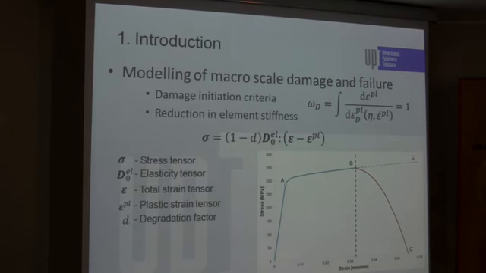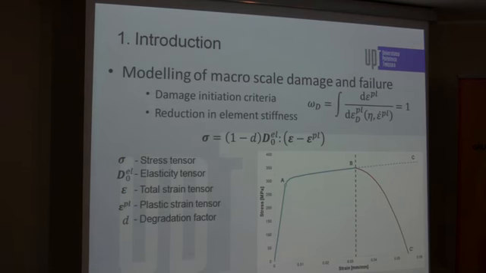So the modeling of macro-scale damage in finite element analysis accounts for the damage initiation criteria, which happens when this factor reaches 1. In this case, it's for the ductile damage. For the shear, it's the same thing, the differential of the critical plastic strain in shear.